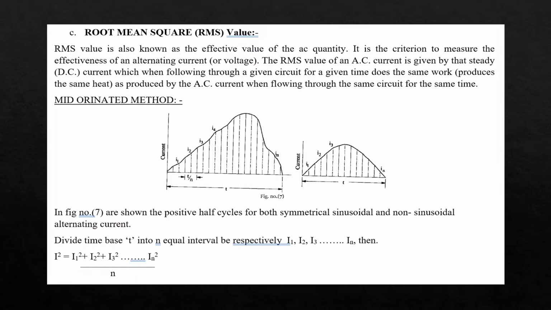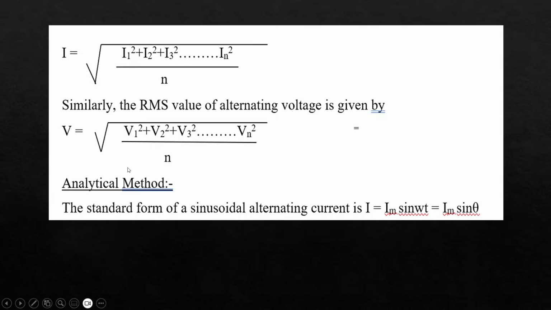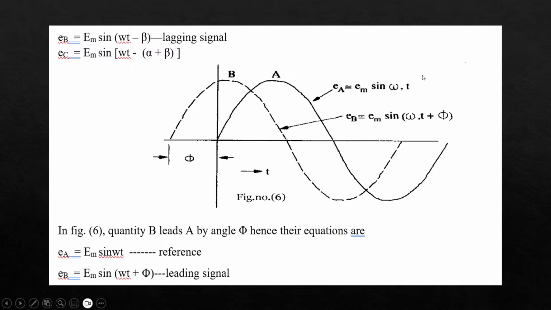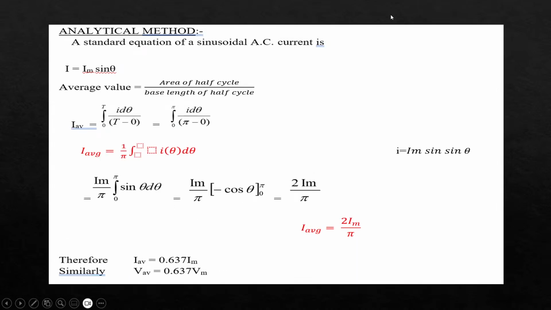So what they've done here is squared everything, so it becomes positive. Then they divide by n, then they square root it. So this gives you an average square root value, which is similar to a DC current, because DC current is always positive, it's just a one-way current. And in this AC current the lower half, this part, just comes up, as you see. It's an average kind of value.